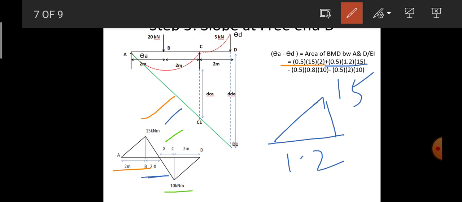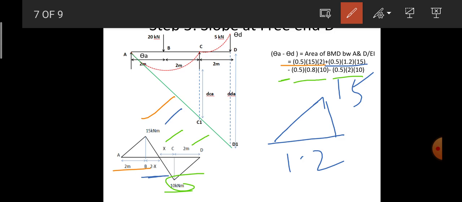It is in the negative direction, so it is minus half into 0.8, the value of X which I have got, into 10. The next triangle is 2 meters with the base distance CD. Again it is going in the negative direction, hence it is considered minus. So half into 2 into 10.